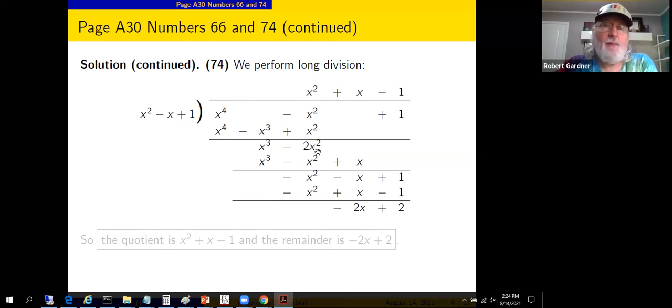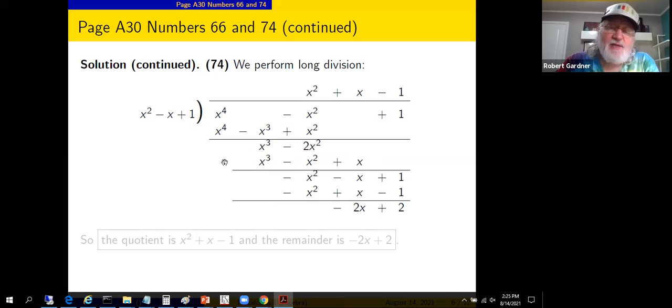Next, how many times does x squared minus x plus 1 go into x cubed? X times. We're trying to produce the x cubed term. We'll produce some other stuff, and then we'll simplify. But we'll take x next. X times this is x cubed minus x squared plus x, multiplying the divisor by x.